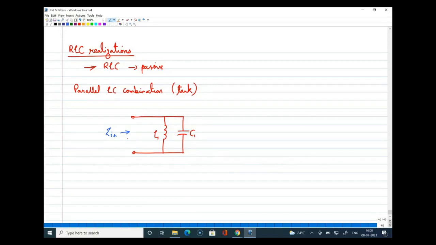So if you write the impedance at the input side, I can write Z in as S into L1, which is the reactance of the inductor, in parallel with 1 by S into C1. If I work out this parallel combination, I can write this as S into L1 divided by 1 plus S square into L1 C1. I hope you will get this if you rearrange the expression above.